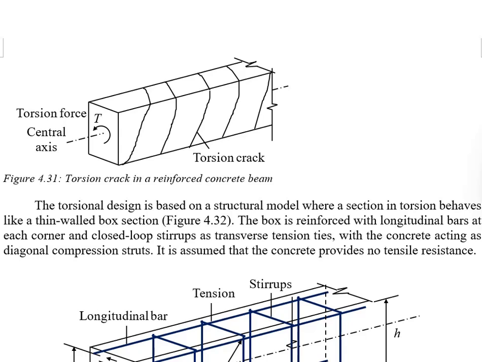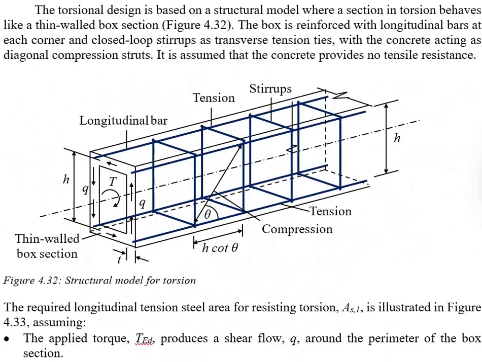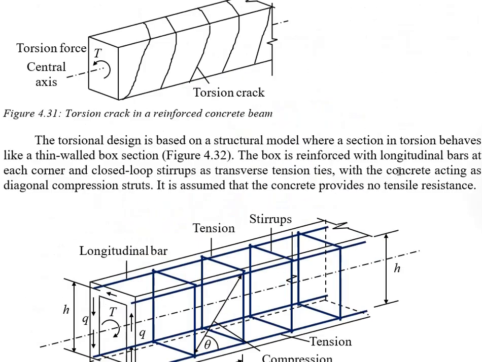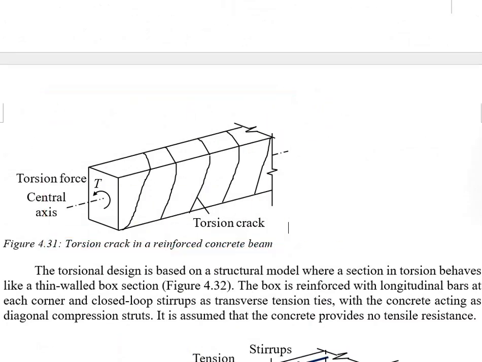Previously, we have introduced the concept of reinforced concrete member subjected to torsional load. We mentioned the importance of the reinforcement, which includes the longitudinal reinforcement and the link, in controlling the torsional crack.